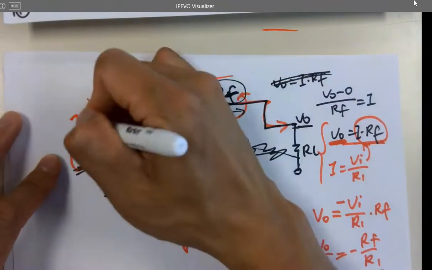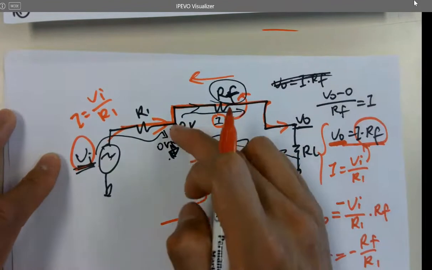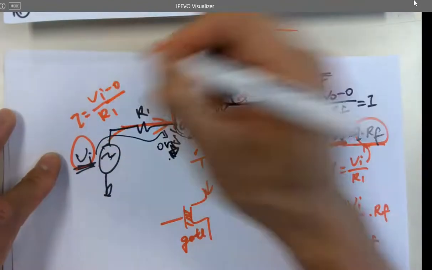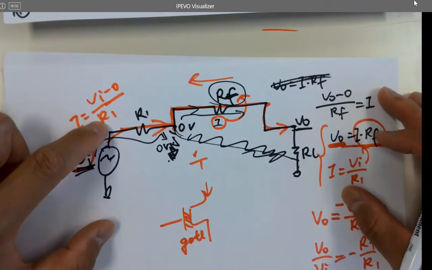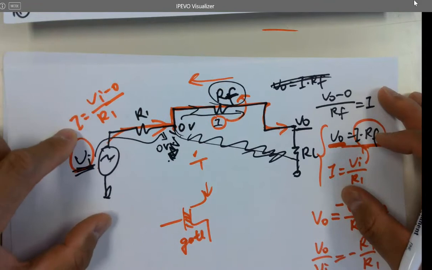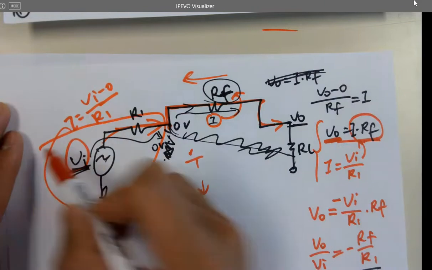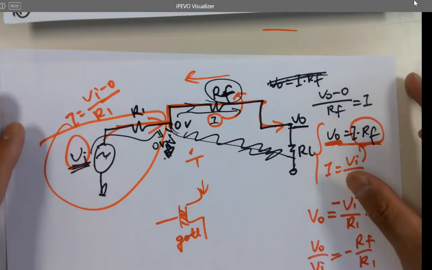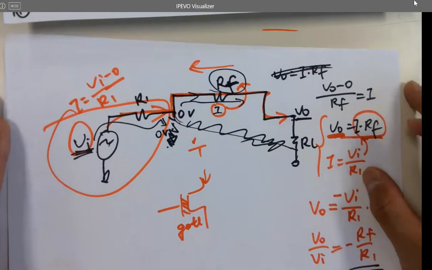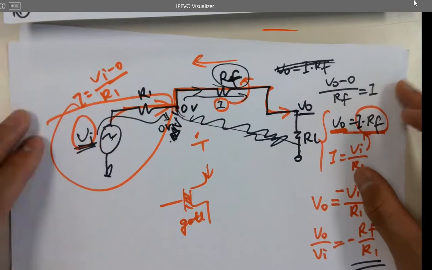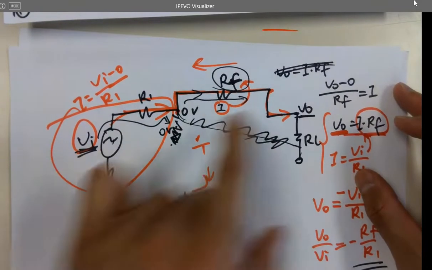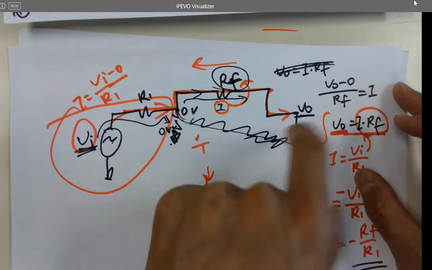That's the current, because this node is zero. From Ohm's law, that's a current. This is just like a current source. And then whatever is here converts the current into the voltage. That's why it's called a transimpedance amplifier.